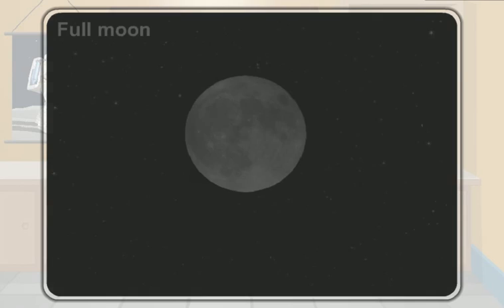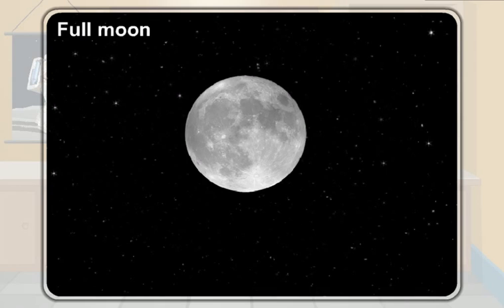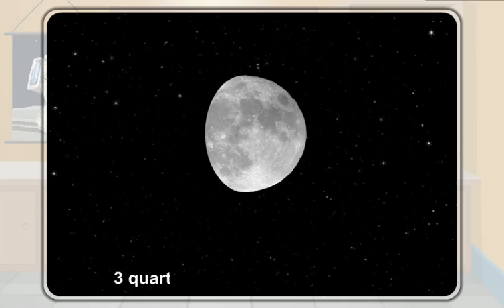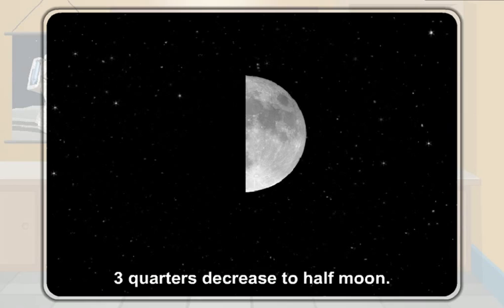Do you know what happens after the full moon? Well, the visible portion of the moon again goes on decreasing. A full moon decreases to 3/4. Then 3/4 decrease to half moon.